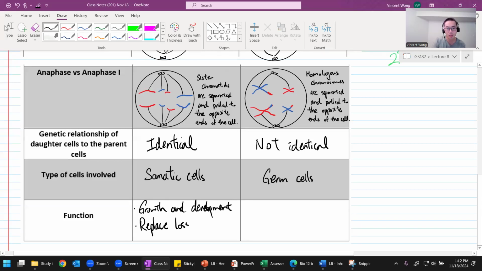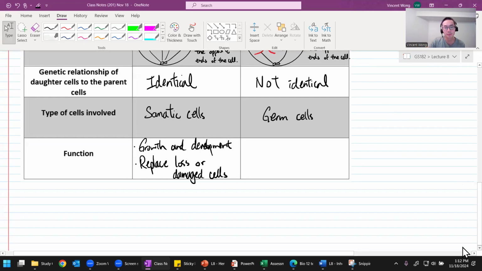Replace lost or damaged cells. We do not use mitosis for asexual reproduction, but some organisms do, right? Like amoeba.